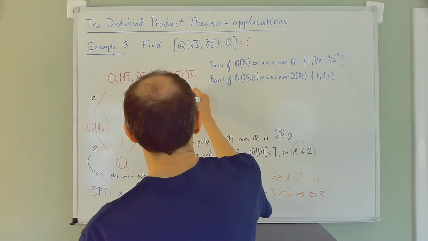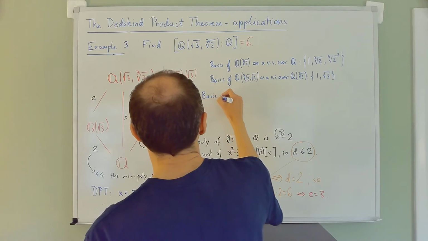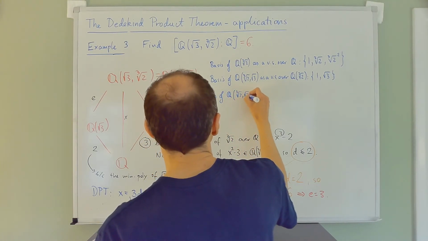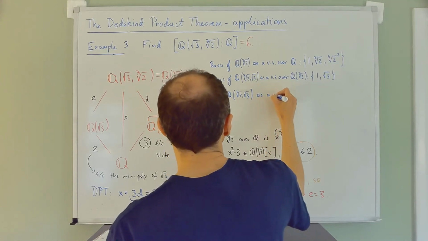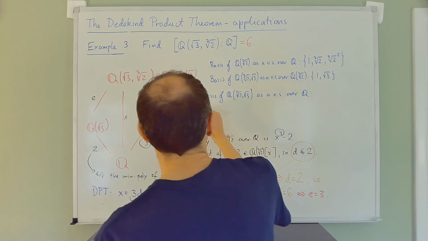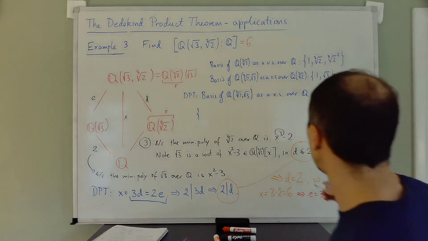So by the Dedekind product theorem, I get that the basis of Q adjoin cube root of 2 and radical 3 as a vector space over Q is, well, all the possible products.